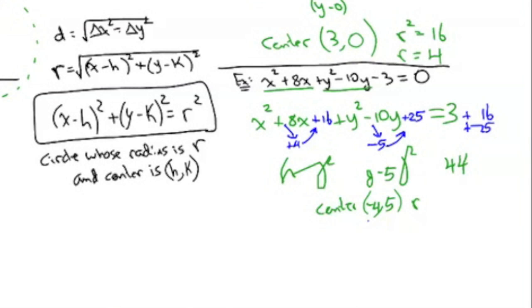I highly suggest you do this. R squared is equal to 44. So therefore R is equal to, better known as, 2 square roots of 11. So the center of the circle is negative 4, 5. The radius is 2 square roots of 11, which is about 6 or 7, give or take a little bit.